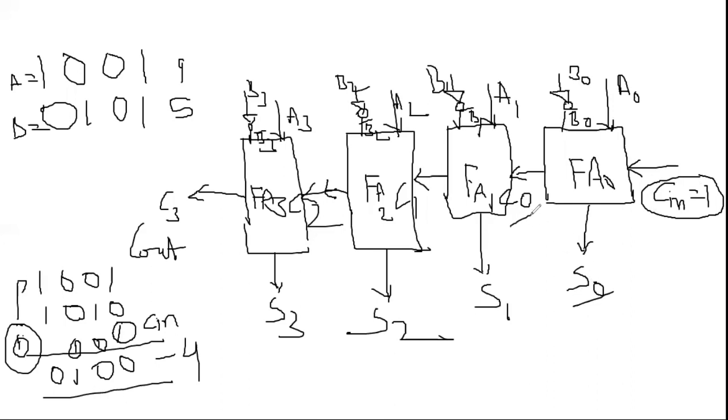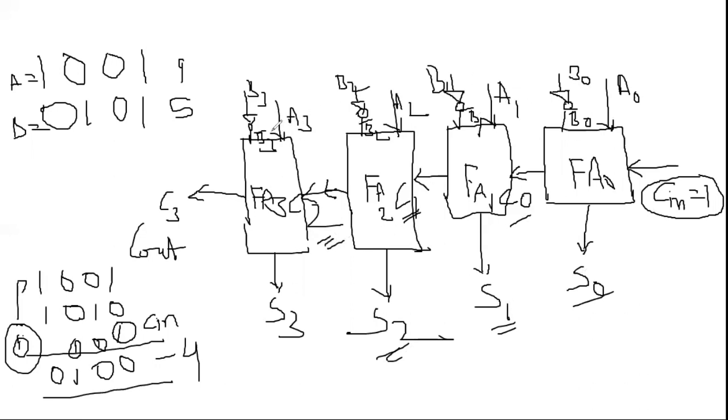It gets S naught and C naught. The second full adder takes A1, B1 bar and C naught, and it gets S1 and C1. The third full adder takes A2, B2 bar and C1, and it gets S2 and C2.